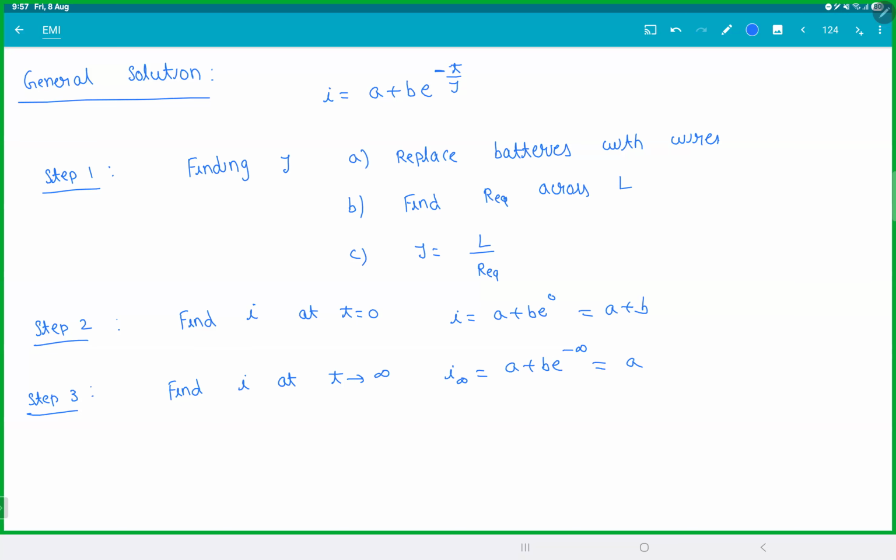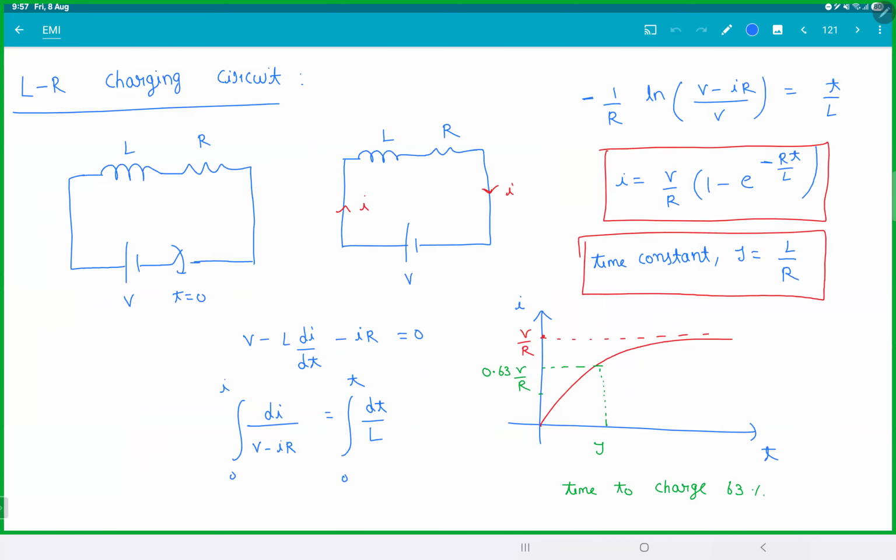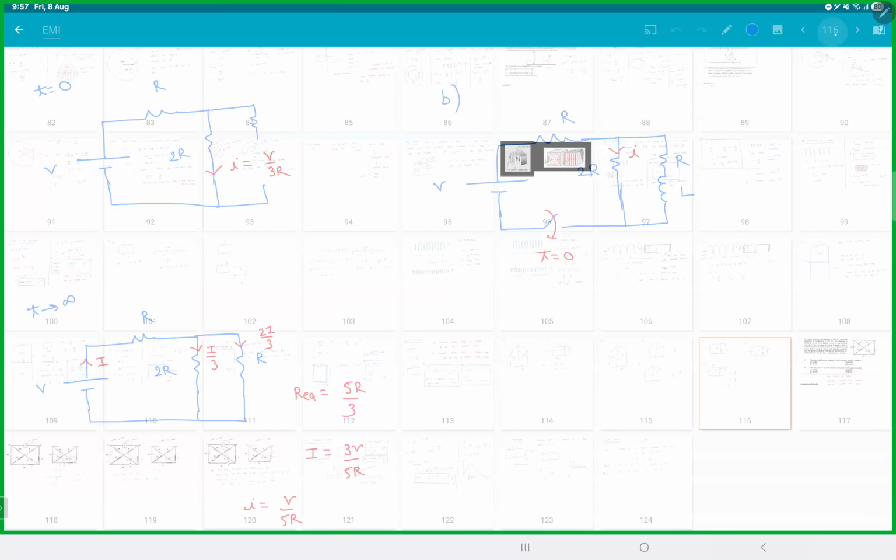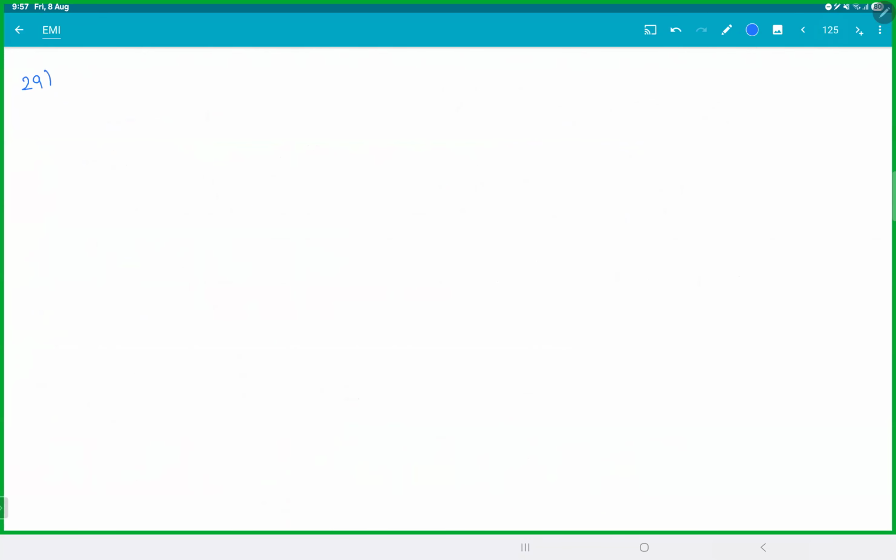Yeah, let's see a question based on this, and then that should get you used to it. Now, the best thing about this, right? This is not current in the inductor. That I can be current in any branch.